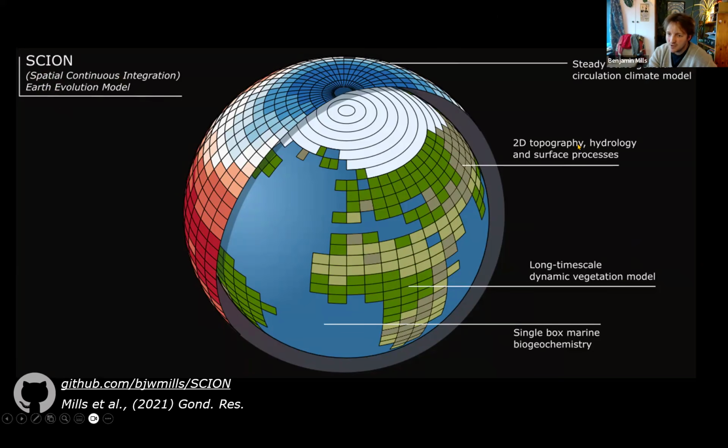This means we can include a 2D topography, hydrology and surface processes, so things like weathering. We can also include a 2D dynamic vegetation model for our Phanerozoic work, so we can have actual vegetation that lives in the different grid cells and does carbon cycling. At the moment, we're still using single box marine biogeochemistry for this model, but we will update this soon to have more boxes.